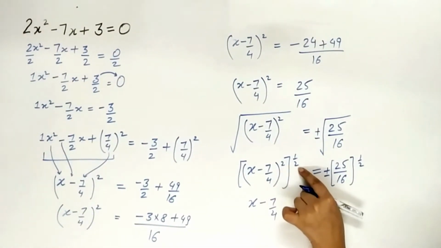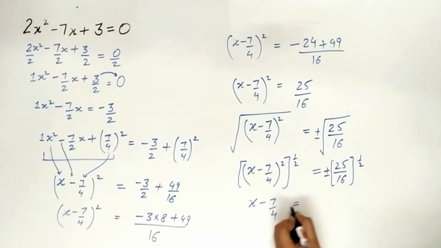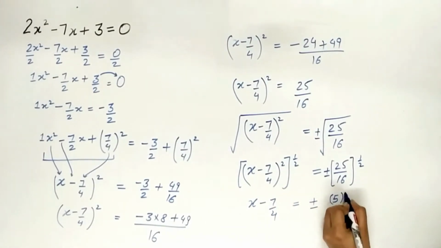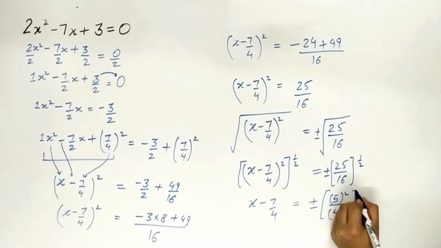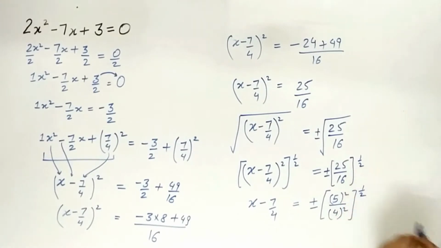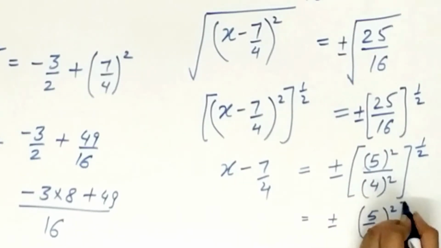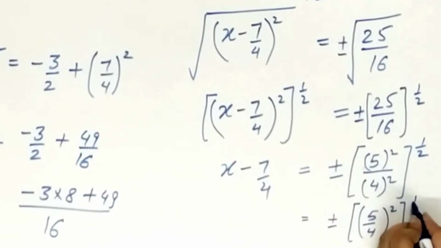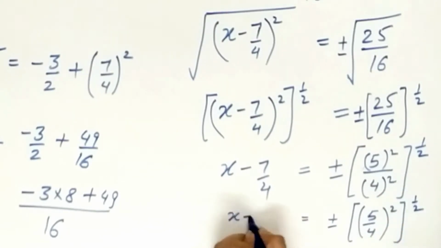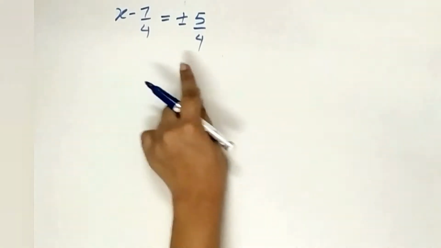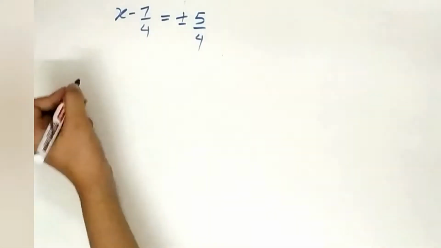Two multiply 1 by 2 is 1. Plus minus 25 is 5 square, 16 is 4 square, raised to the power 1 by 2, plus minus 5 by 4 whole square raised to the power 1 by 2, which is equal to x minus 7 by 4. x minus 7 by 4 is equal to plus minus 5 by 4.